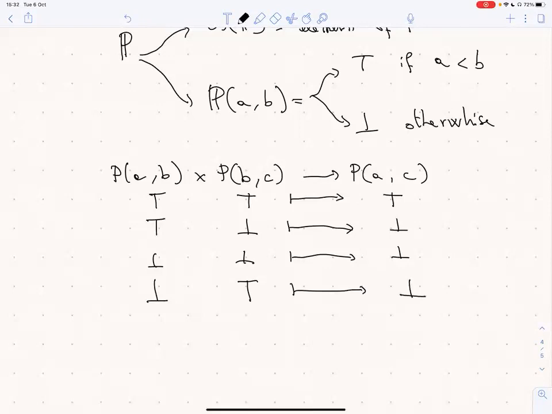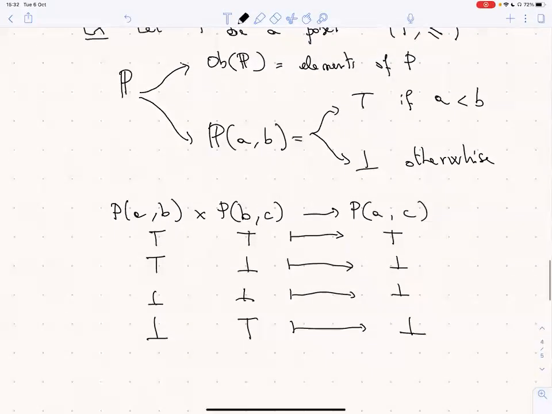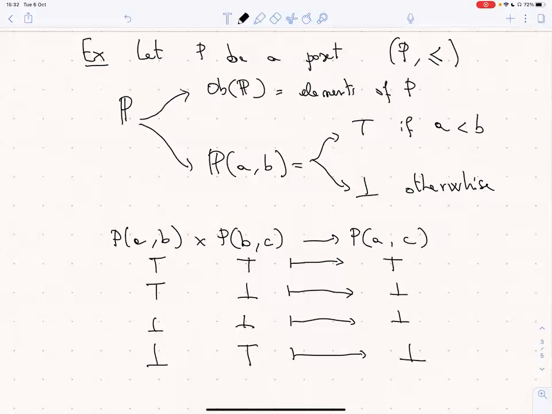Okay, so if you think about it, this might look like a complicated example, and indeed it wants to be more complicated than the others, but after all, what I'm doing is just encoding the structure of a poset inside the structure of a category.